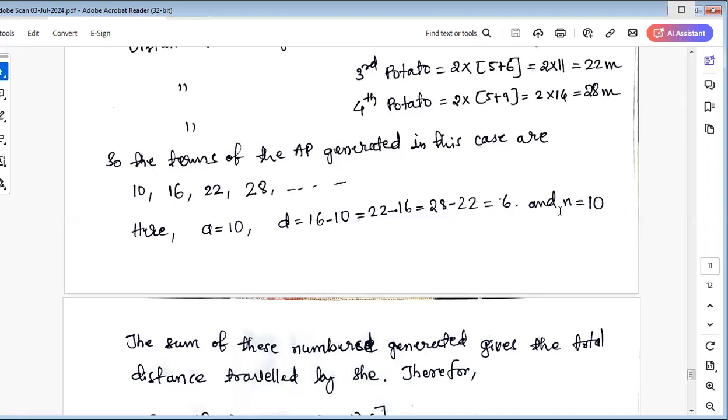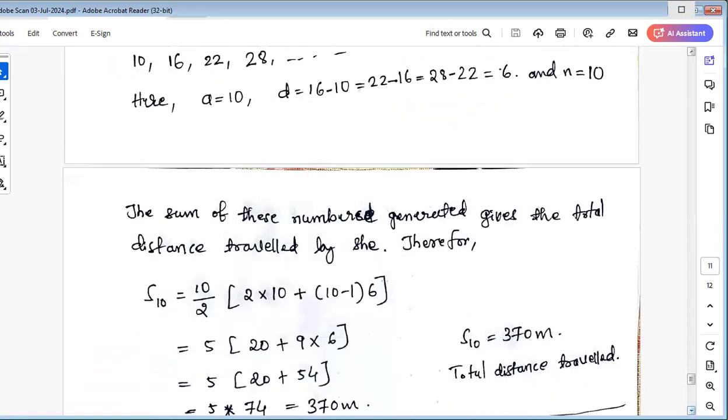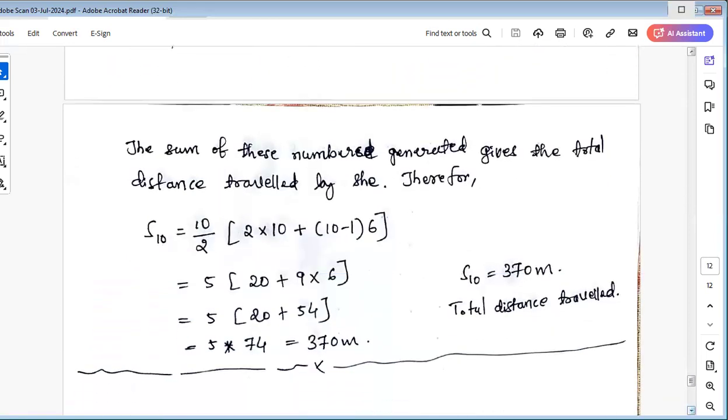And the total terms here are n is equal to 10. And therefore, simply we have to determine the sum of these numbers generated, by making use of the sum formula to get the total distance traveled.